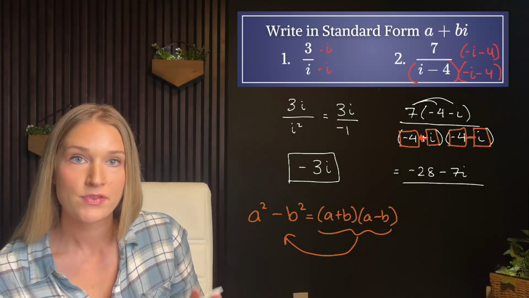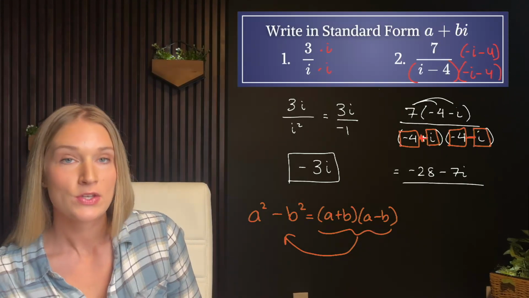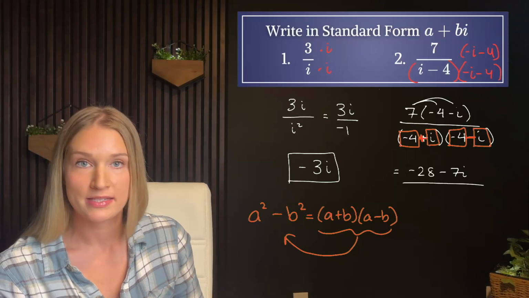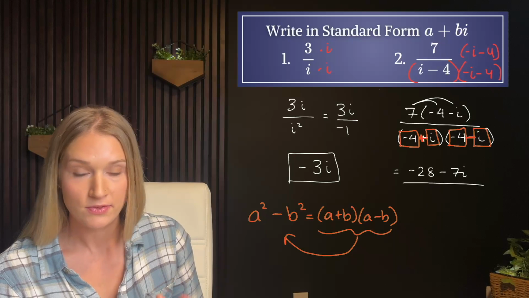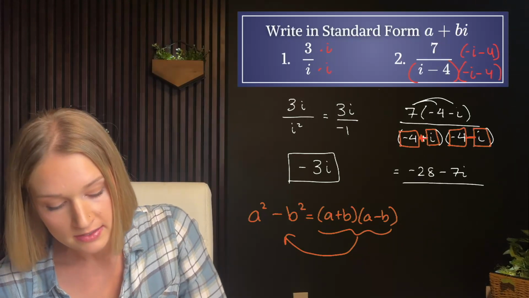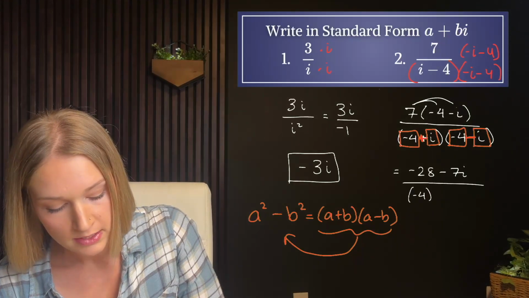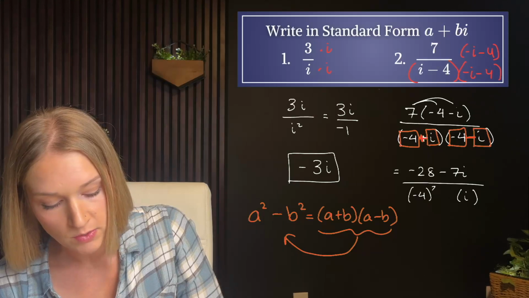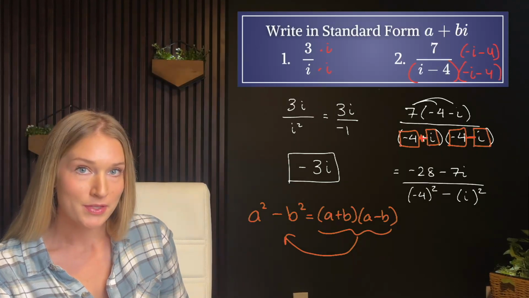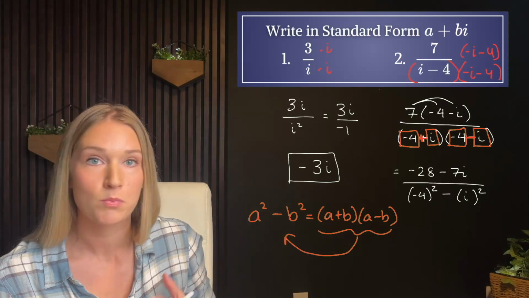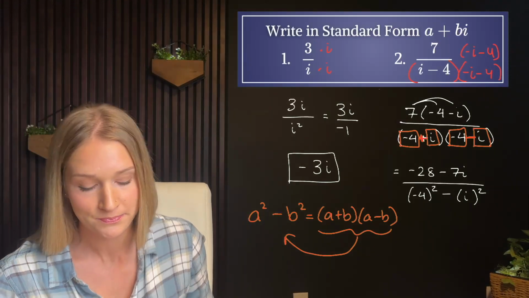So I have the form of difference of squares. So now what I can do to multiply this out is just take the two bases, square them, and then find the difference. So my two bases are -4 and i, and I'm going to square them and then take the difference. If you're not comfortable with that, you can go ahead and FOIL out or multiply out that denominator.